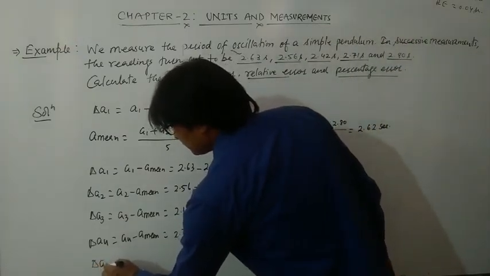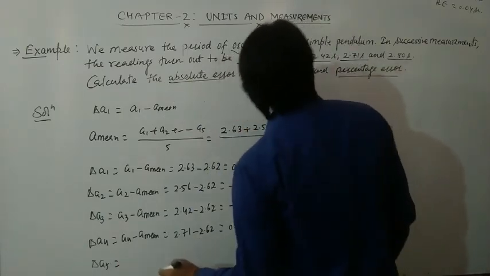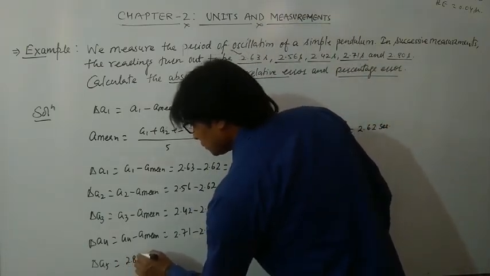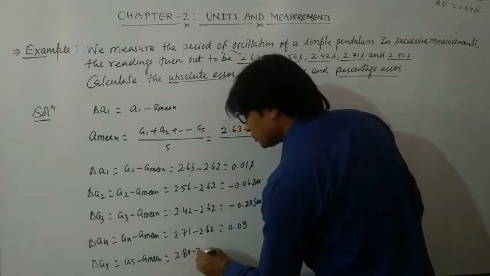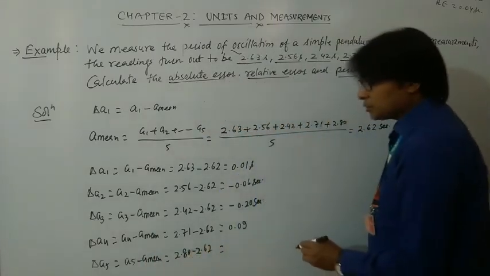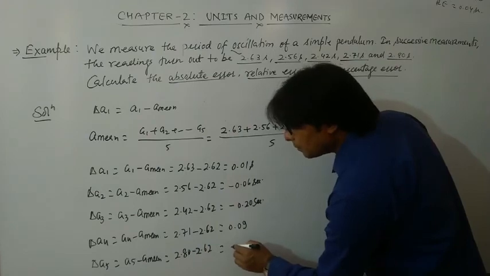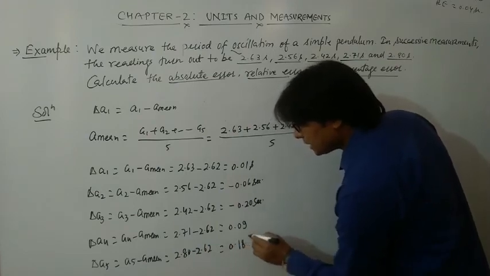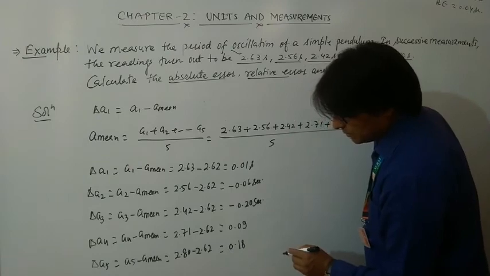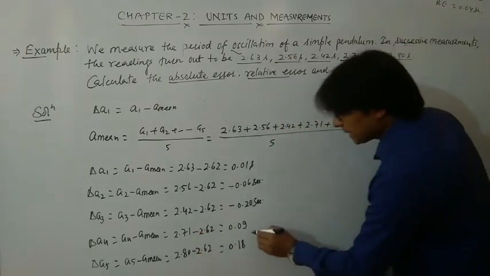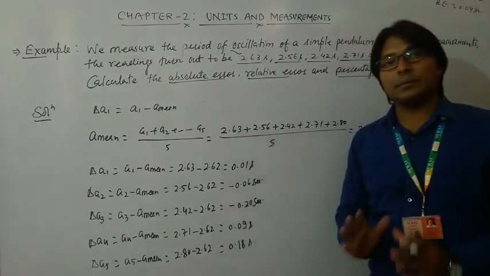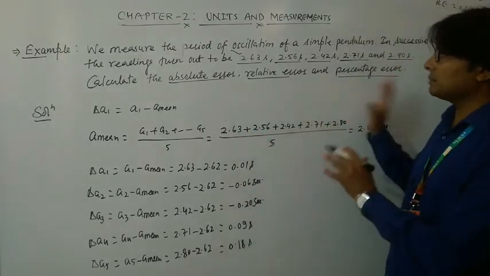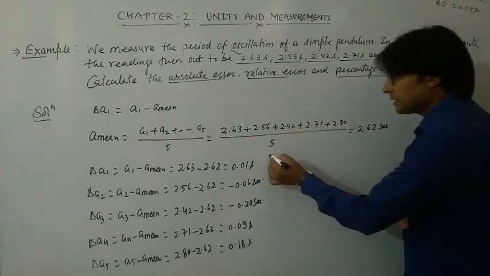The final observation is 2.80, or A5 minus A mean: 2.80 minus 2.62 comes out to be positive 0.18 seconds. So these are the absolute errors in all the measurements which have been given.